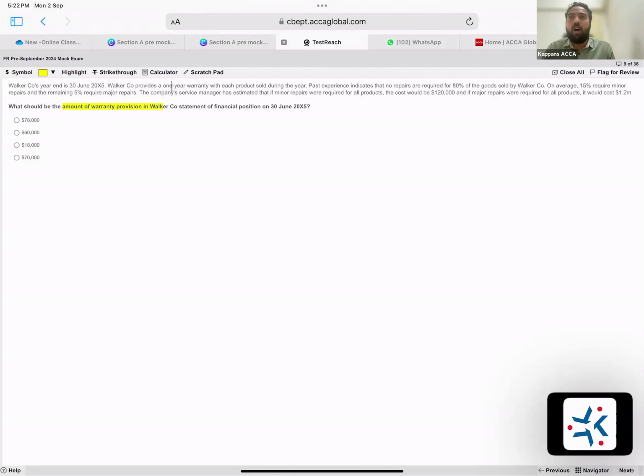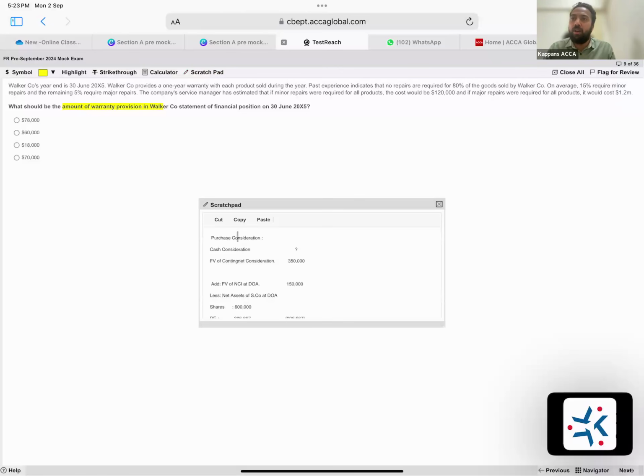Walker Company provides a 1-year warranty with each product sold during the year. Past experience indicates that no repairs are required for 80% of goods sold by Walker. On average, 15% require minor repair and the remaining 5% require major repairs.